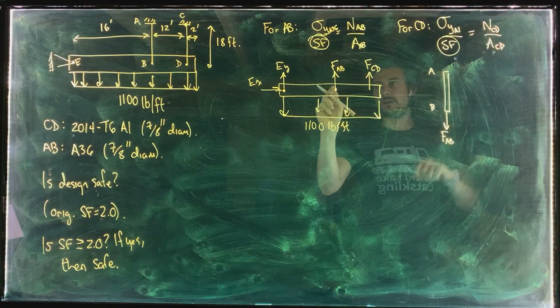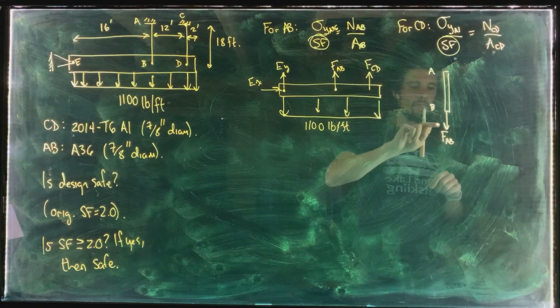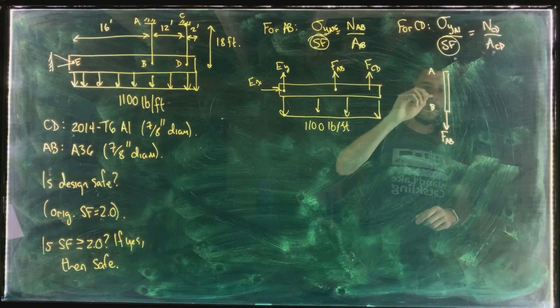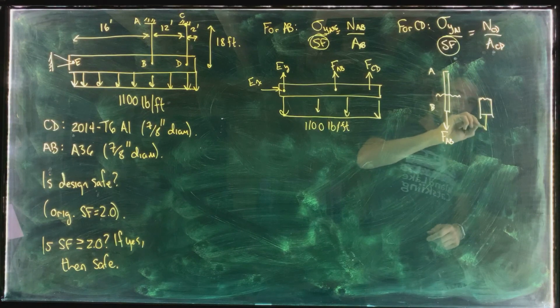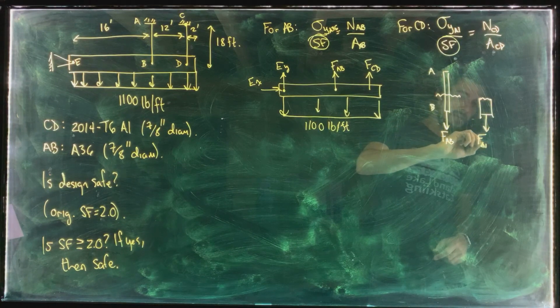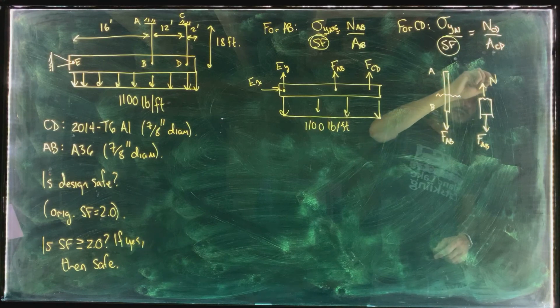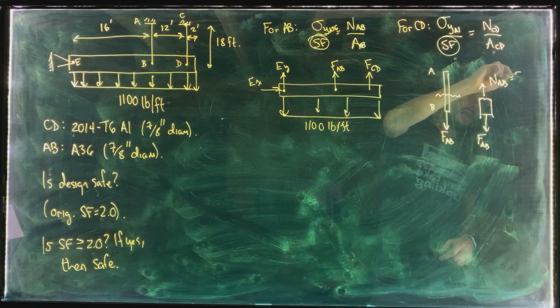Here we've got the force from the cable to the bar, and here we've got the bar to the cable, equal and opposite. And that means that when we take a section cut through AB, right, FAB is actually the normal force in AB here, right?